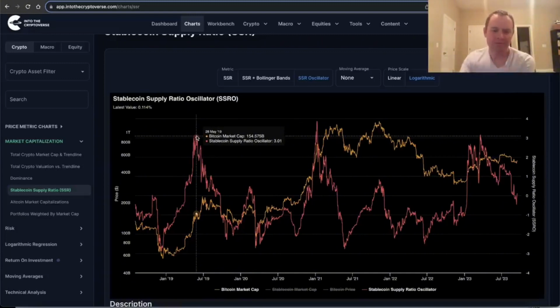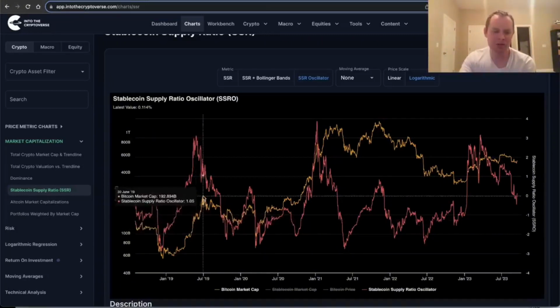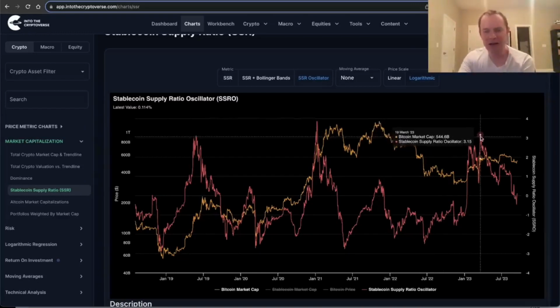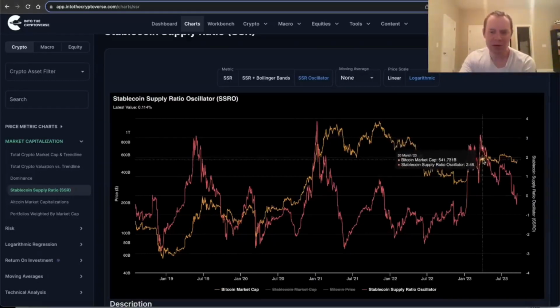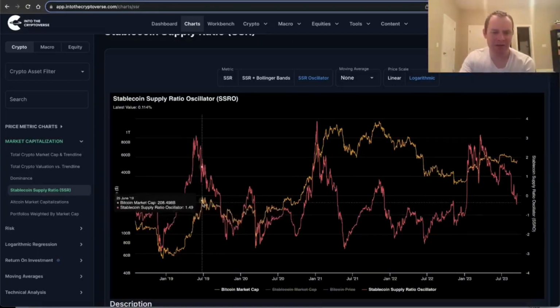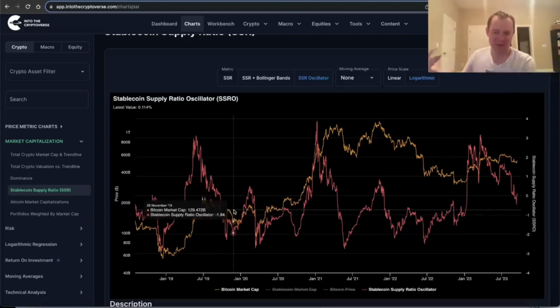For that year, we had one final push to the upside. Just like in 2021, the high on the SSRO did not coincide with the high in Bitcoin. We had one more leg up. But you can see that after Bitcoin took out the prior highs in both cases, it then started to fade back down as we got into the second half of the year.